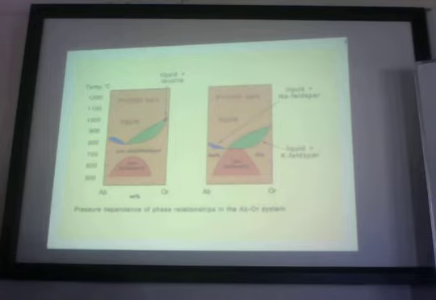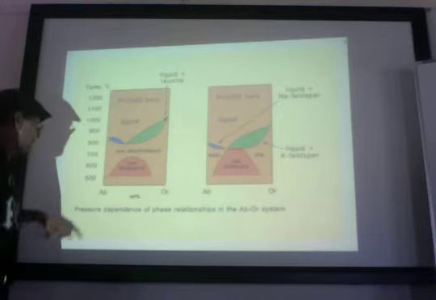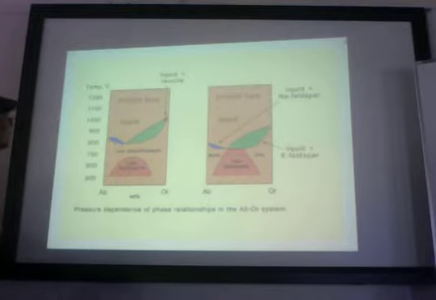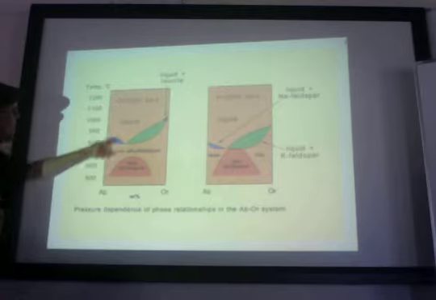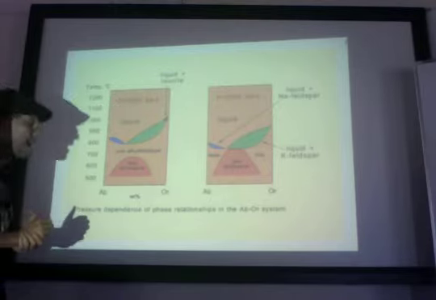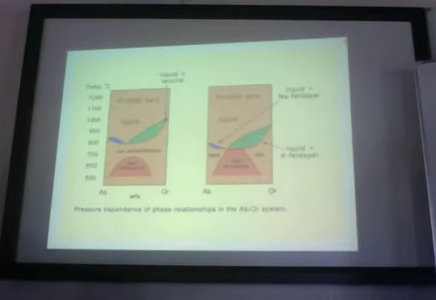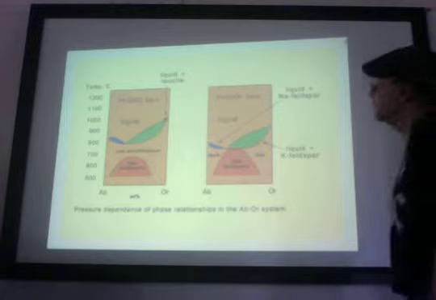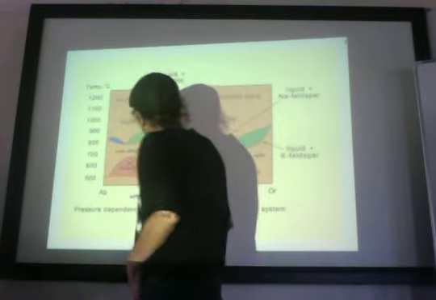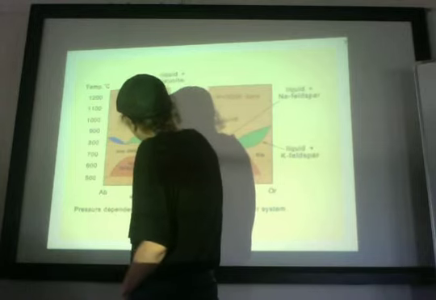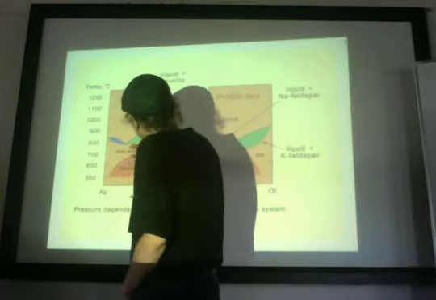The pressure dependence of the phase relationships in the albite anorthoclase system. Here we have 100% albite, here 100% anorthoclase, and here the temperature. The experiment was done at 2000 bars, that means 2 kilobars. Above 800 degrees Celsius or so, we have melt, and in this line we have one alkali feldspar.